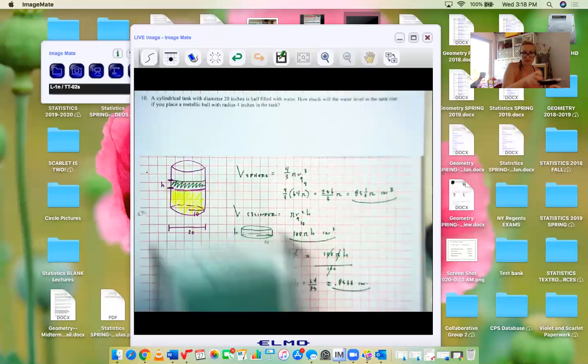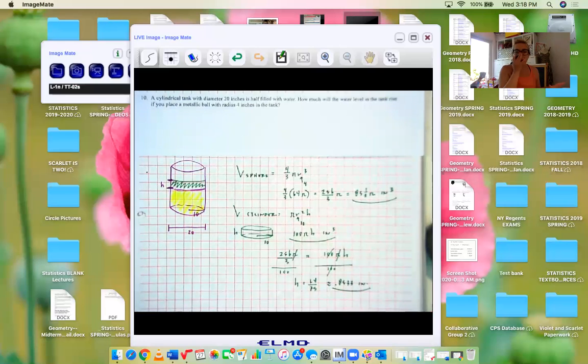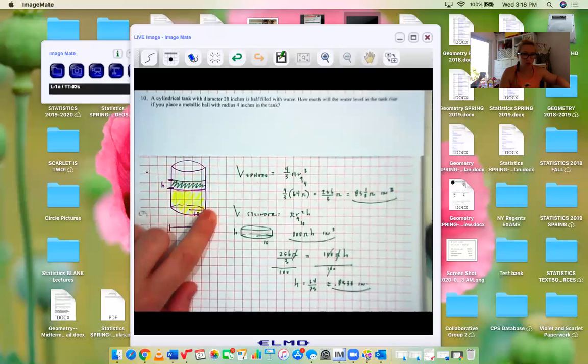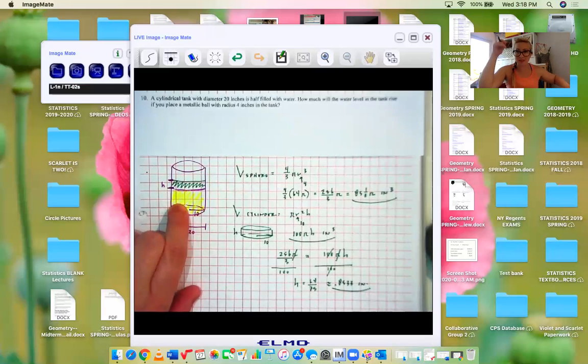So let me just do a little recap. I'm trying to figure out how much the water level rose. I'm trying to solve for h, right? That's my height. How much did it rise? So I had my original water. I dropped in my golf ball to represent my sphere in the problem. So I know that the volume, that space that it occupies, it filled up this much.